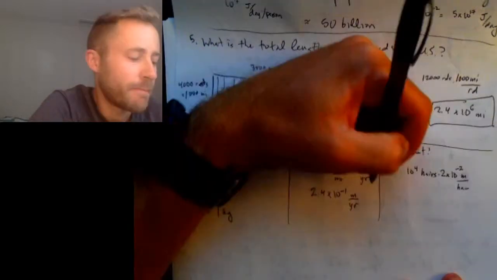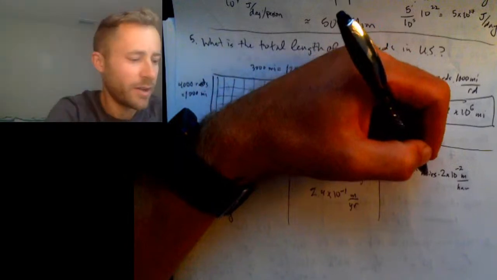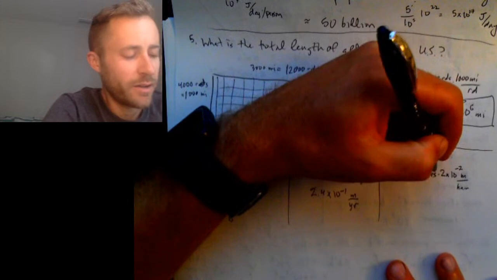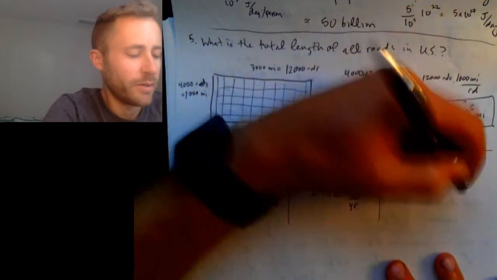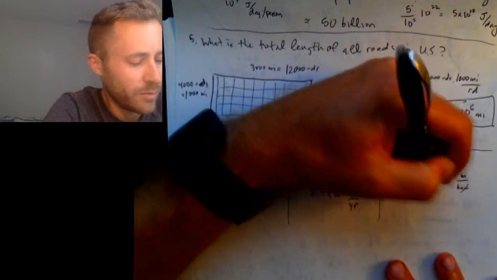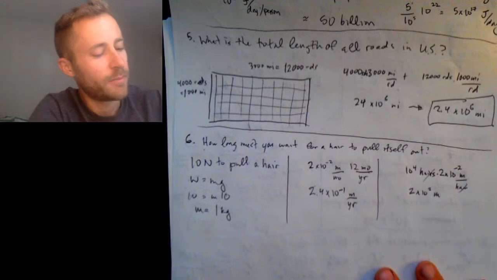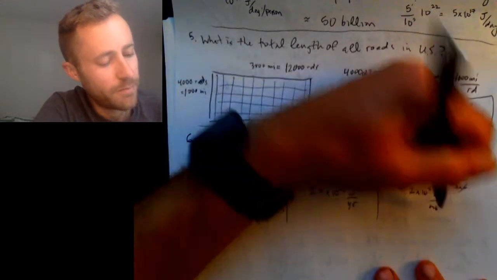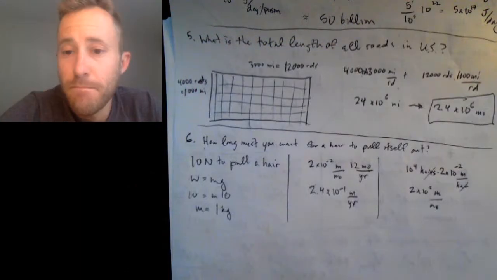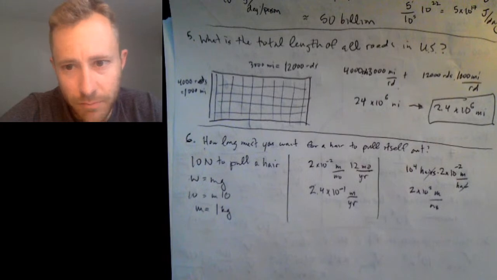All right. So all of the hairs on top of my head are growing roughly 2 times 10 to the 2 meters per month. That's all of the hairs combined.